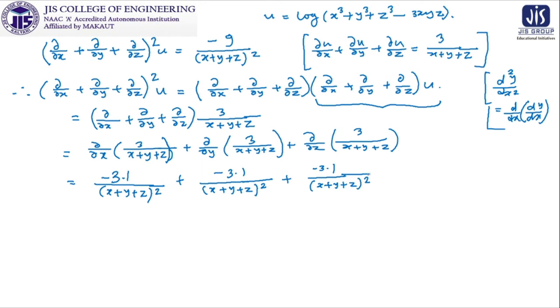So sometimes the problems may look bigger by expression, but ultimately they are very easy. Only one step is remaining: x plus y plus z whole square, and minus 3 minus 3 minus 3, that is minus 9. Our job is done. We have to prove this as minus 9 by x plus y plus z whole square, and we have completed the proof.